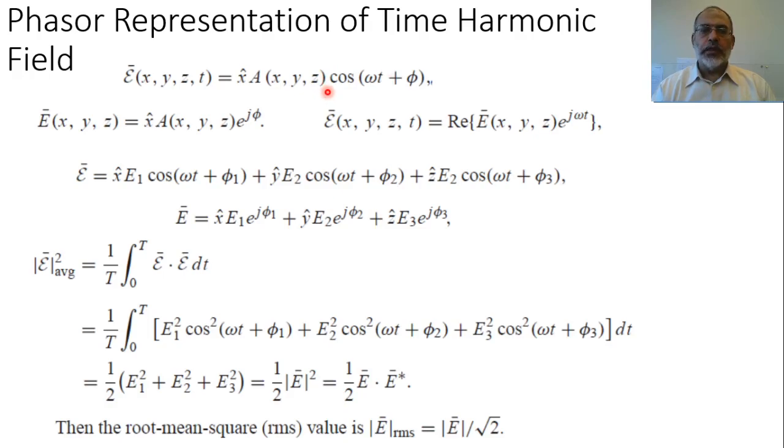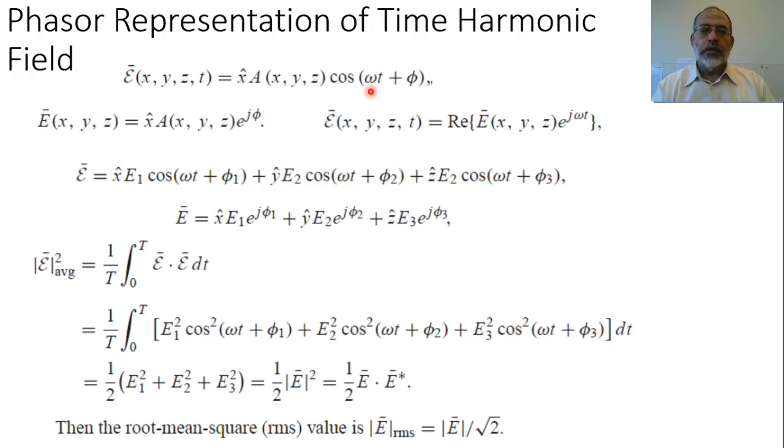It can also be represented as sine omega t plus phi. So in this case, the time dependence is sinusoidal, and this sinusoidal function is what we call a harmonic function.